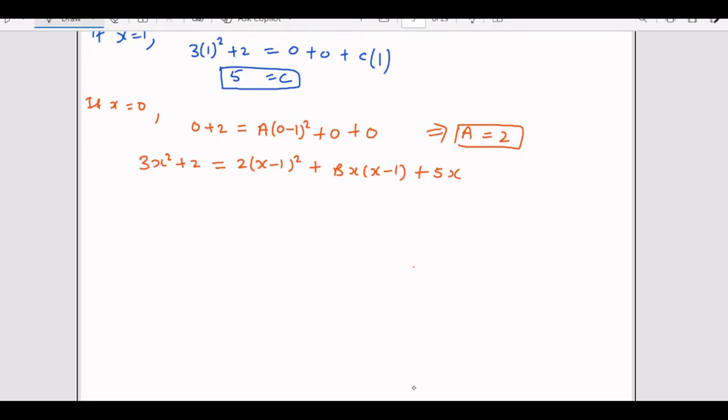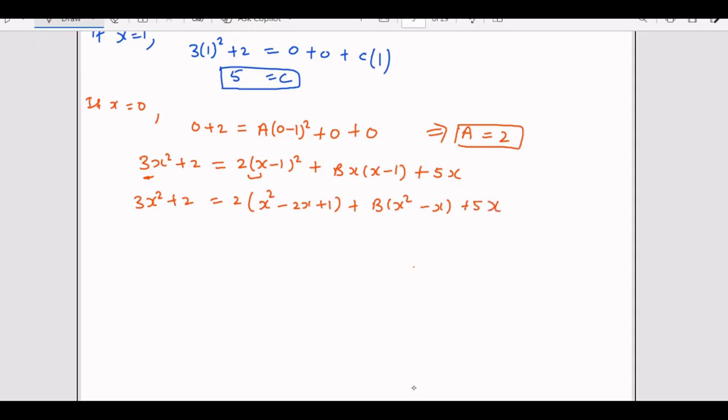I think I should expand before making you confused. So this is going to be x squared minus 2x plus 1, and then B(x squared minus x) plus 5x. So I have just split this.